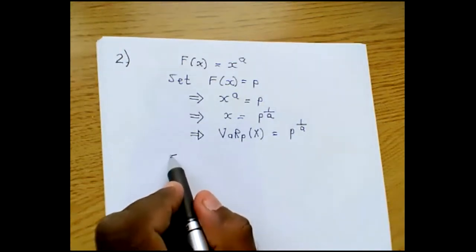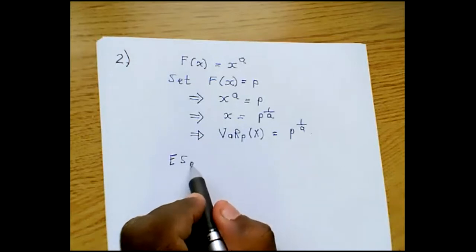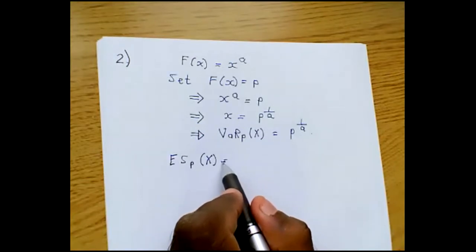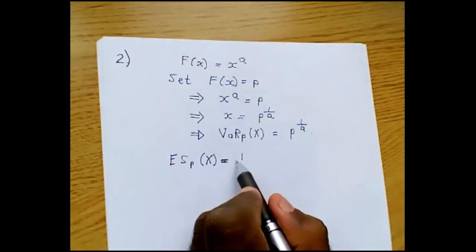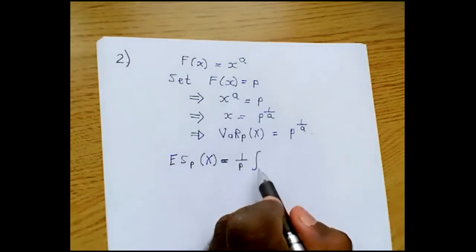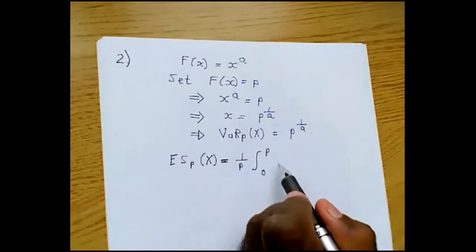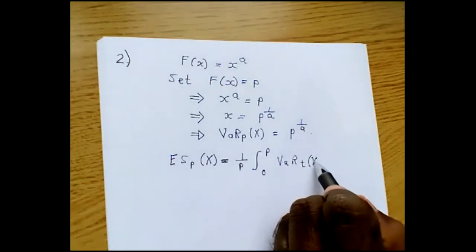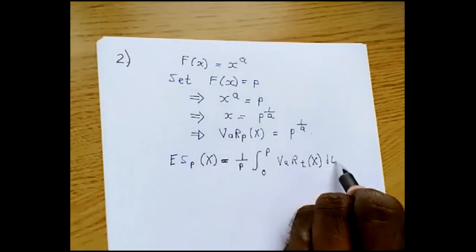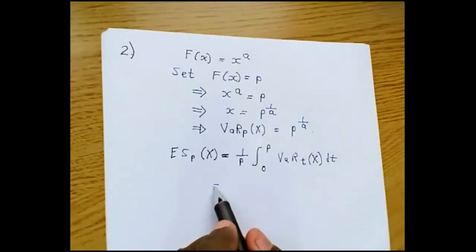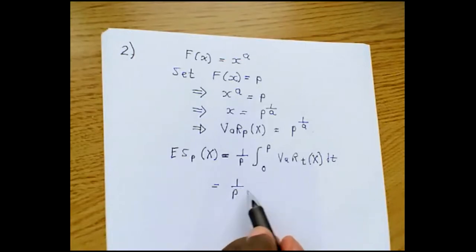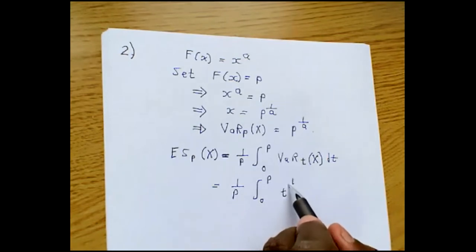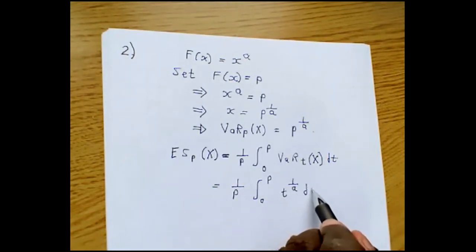Now, to find the expected shortfall, you use the formula that I gave you on Tuesday. So this would be 1 over p times the integral from 0 to p of t to the power this dt, right?